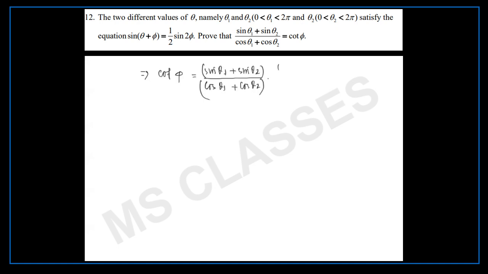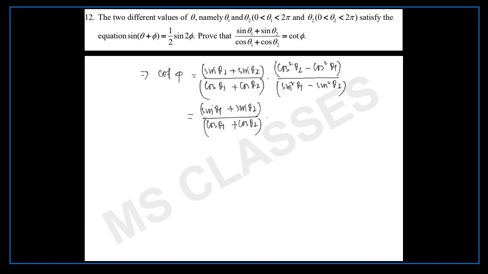Rest we are left with cos square theta 2 minus cos square theta 1, A plus B into A minus B formula. And here sine square theta 1 minus sine square theta 2. Now this part should be unchanged, so I keep it as it is: sine theta 1 plus sine theta 2 by cos theta 1 plus cos theta 2.